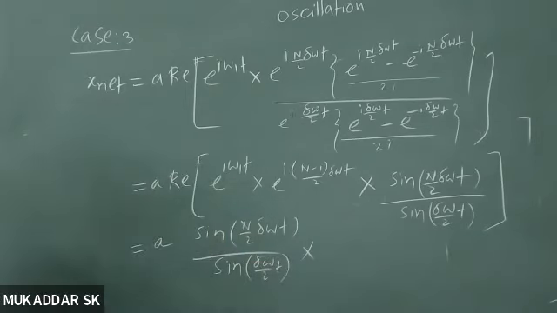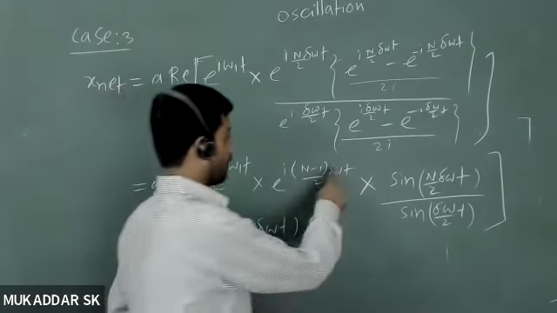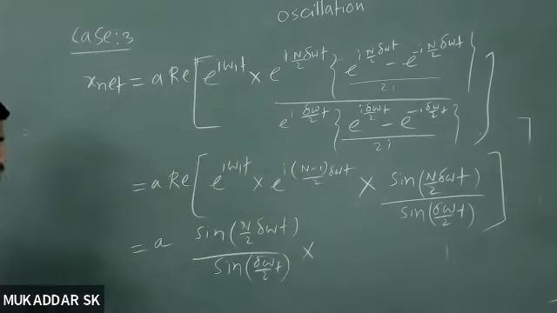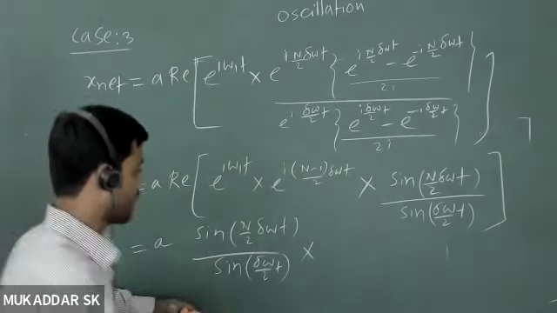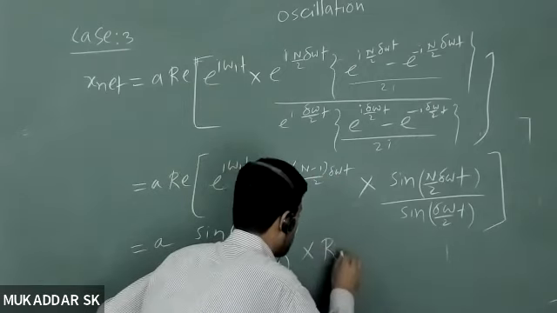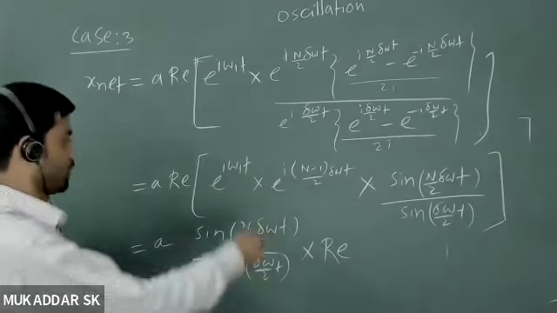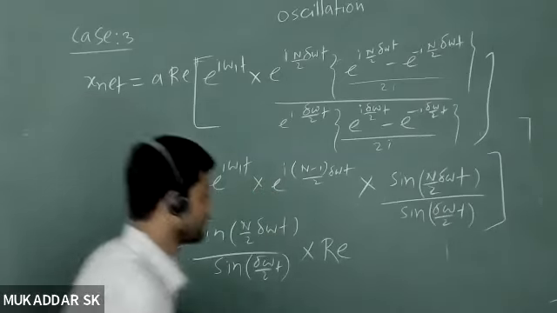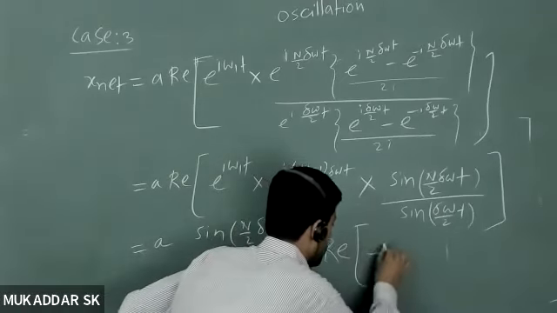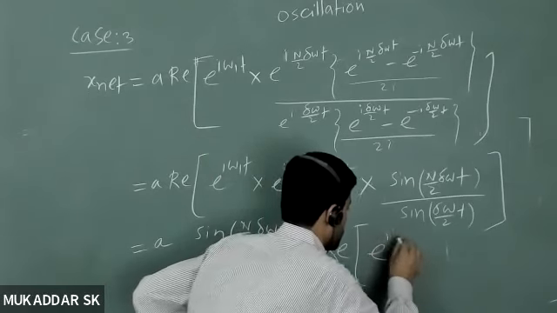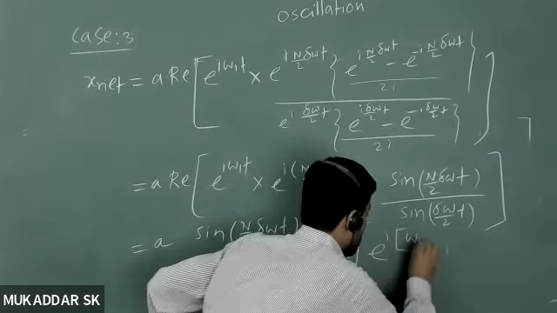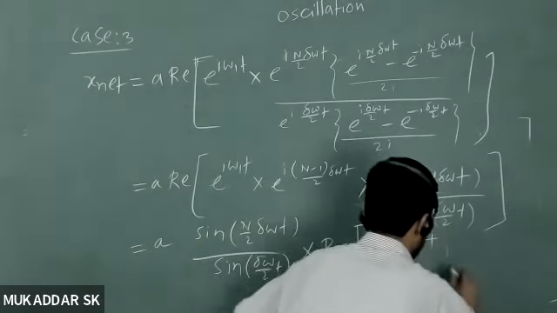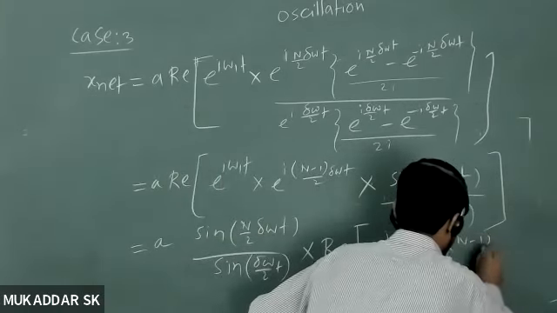Okay. And you know delta omega here. I'll substitute that value of delta omega. First I'll merge these two terms. If I merge them, I can write exponential of i, then omega 1 plus (n minus 1) by 2.